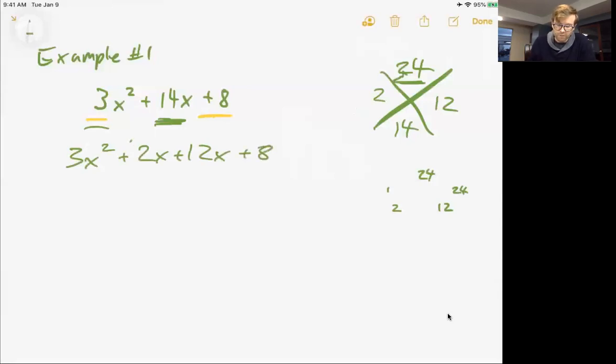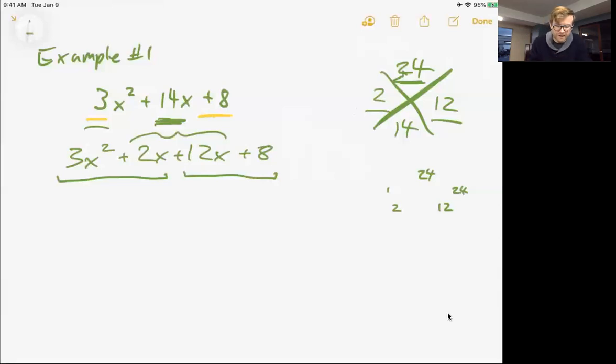Notice that we broke up 14x into a 2x and a 12x. That should be fine. Those are the same thing. And we pick that 2 and that 12 really carefully, and in a second you'll see why we pick them so carefully. So notice that these two terms and these two terms, each one of those two groups has a common factor.